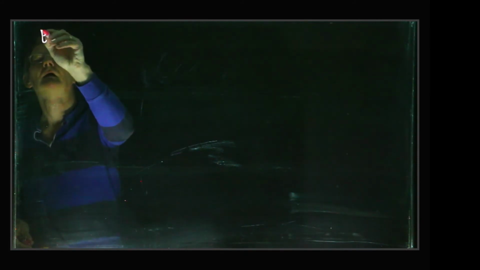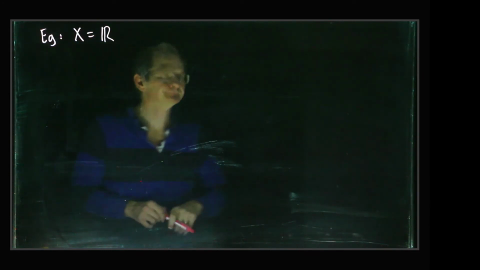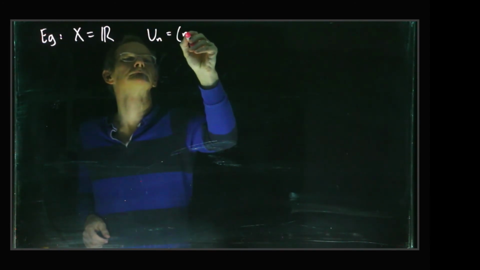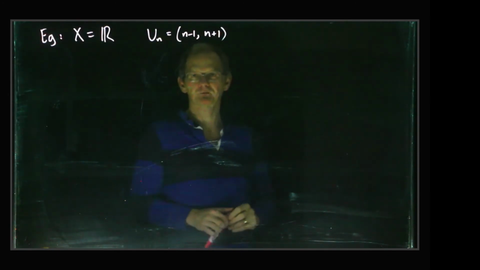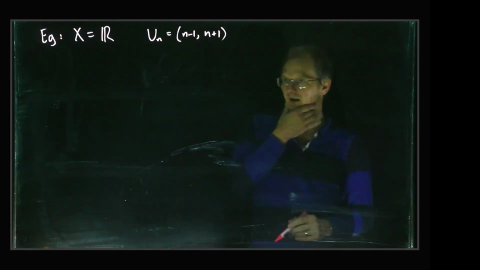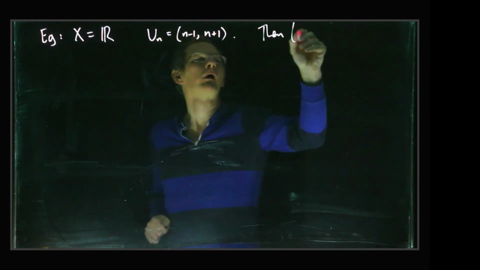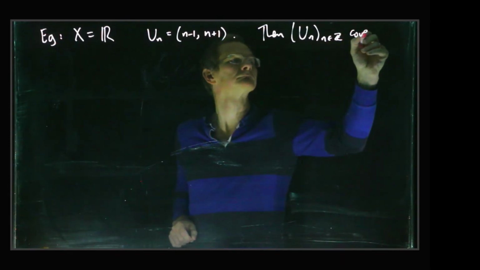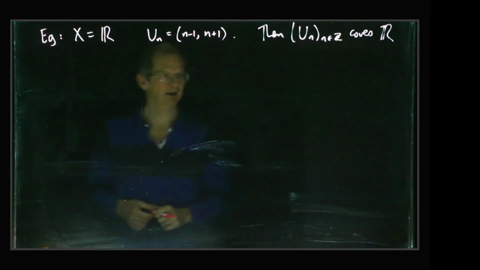Okay, so let's have some examples of this. X could be the real line. U_n can be the open interval from n-1 to n+1, so that's an open set. So we look at all these sets U_n for integers n, and they're going to cover the whole of the real line.